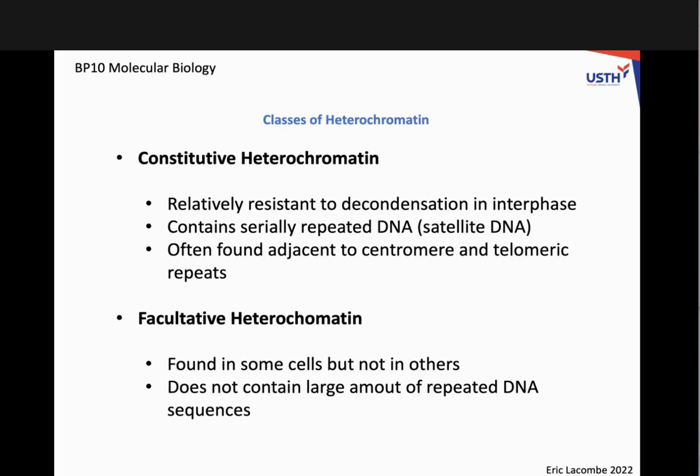What does it mean? It means that during the cell cycle, during mitosis, if we start from G1, we've got one single copy of the genetic material. During S phase, there is duplication of the genetic material. G2 phase, we've got two copies of the genetic material.